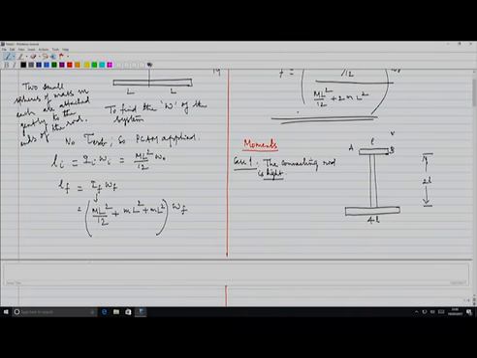Let m be the mass per unit length of AB as well as CD. Right. Now there is a force F, it will act at a particular point. This is at a distance x from here, from the center. So this length would be L minus x.